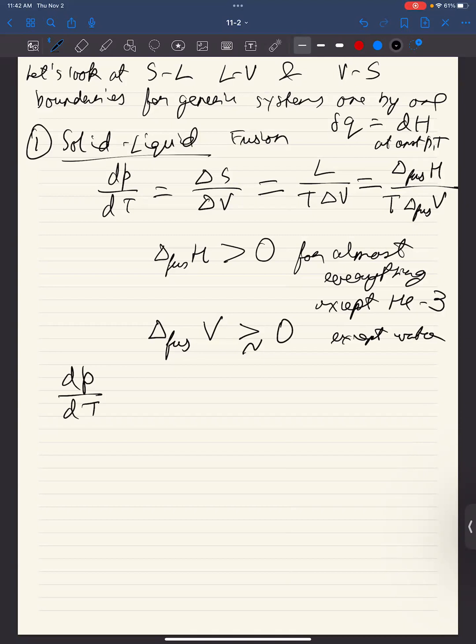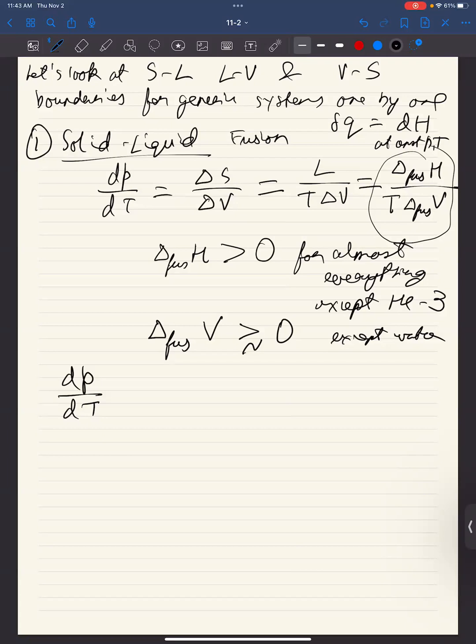Positive, because the numerator is generally positive and the denominator is generally positive. What about temperature? Delta fusion H is positive for most materials except helium, delta fusion volume is positive for most materials. How about temperature? Is it positive or negative?